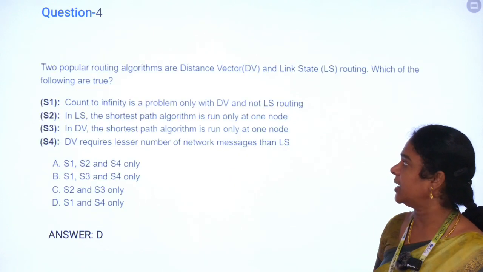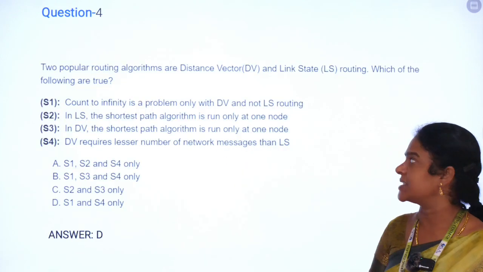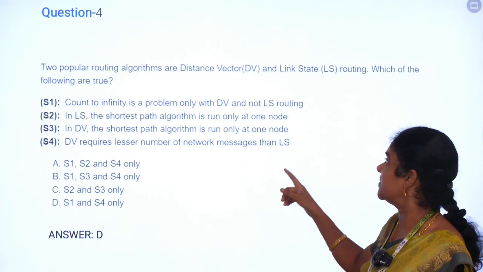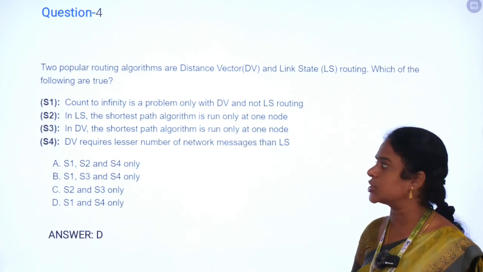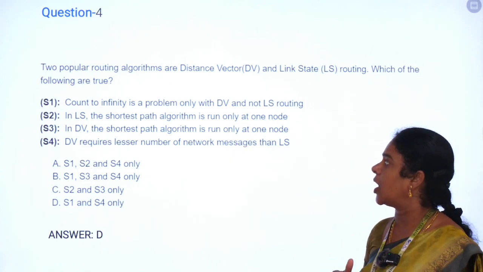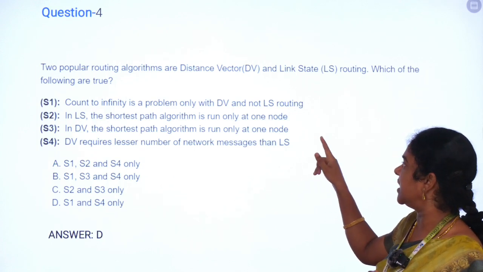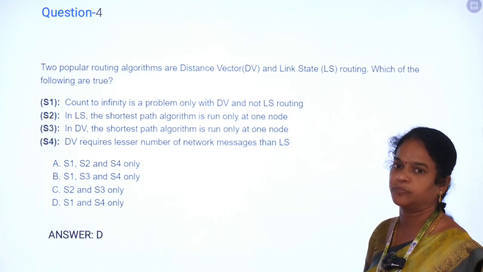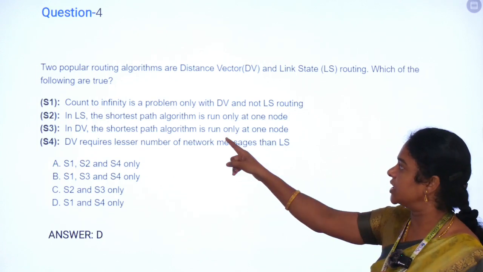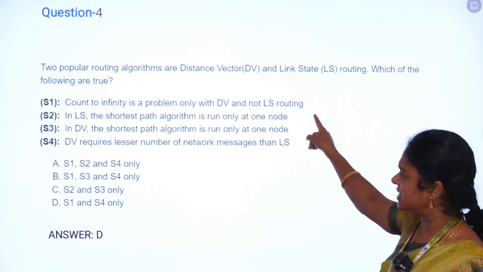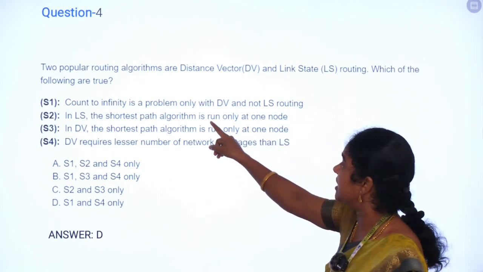Last one: two popular algorithms, distance vector and link state routing. Which of the following is true? First statement: count to infinity is a problem only with DV and not LS routing. It's true.